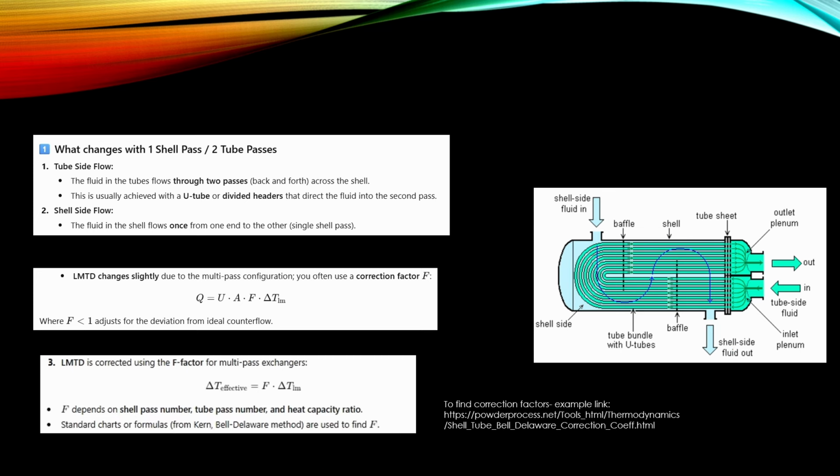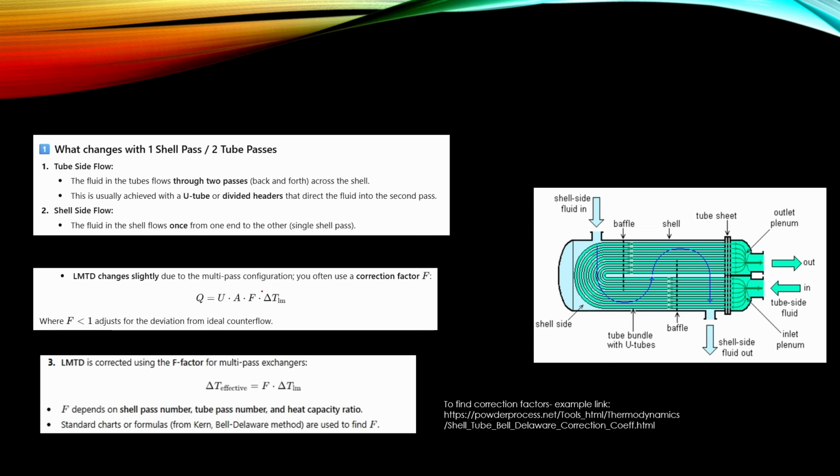If you want to use this log mean temperature difference method to calculate heat transfer in this kind of multi-pass system, you need to add a correction factor to take into account that your flow is no more fully counterflow.